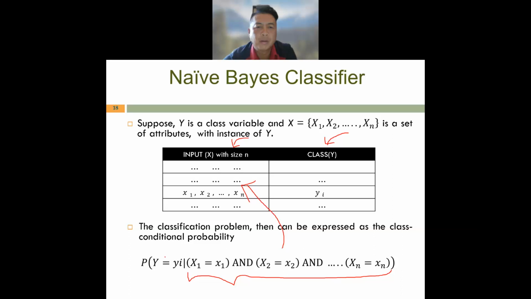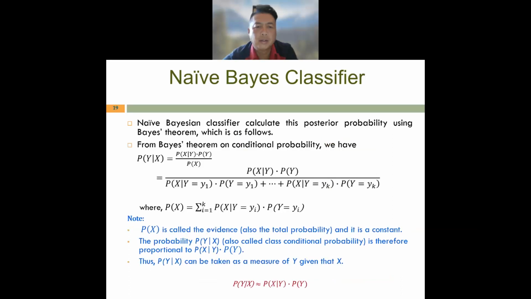This is your foundation: given all the attributes that you have in your data set, what is the probability of having class y?